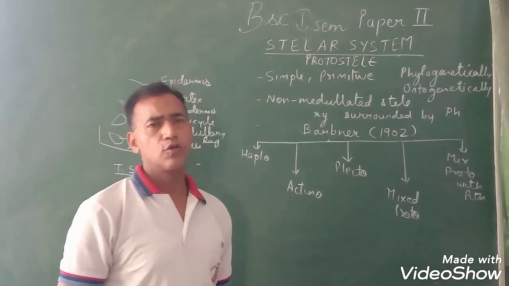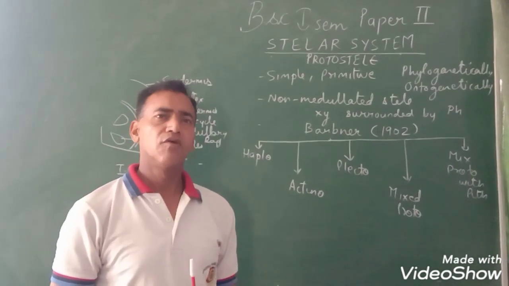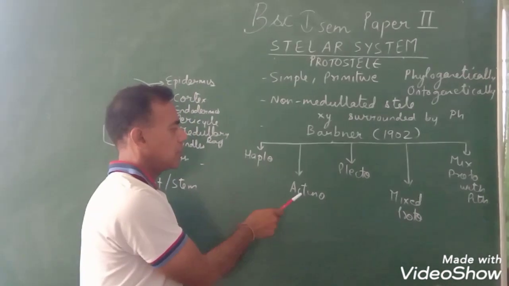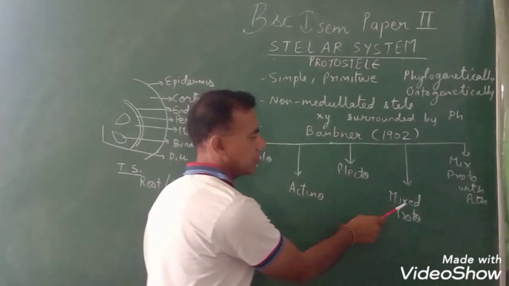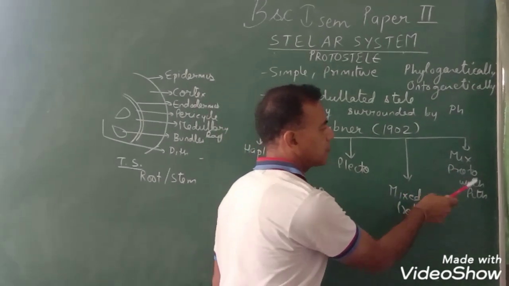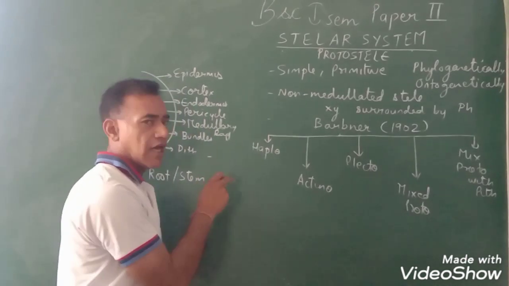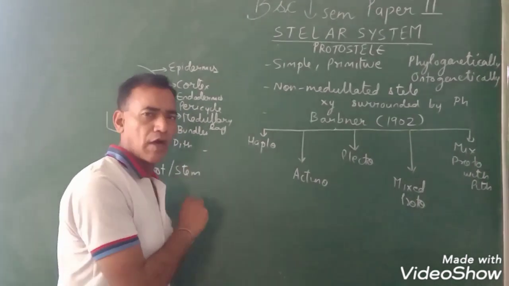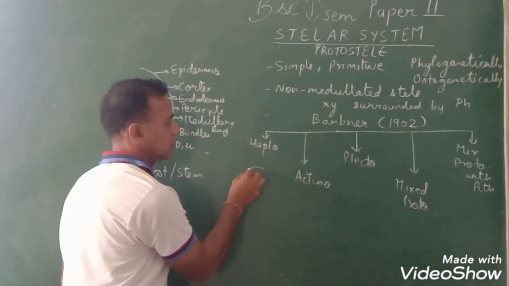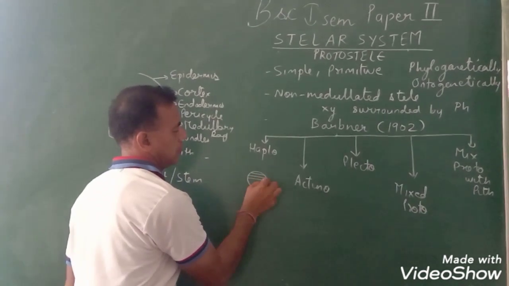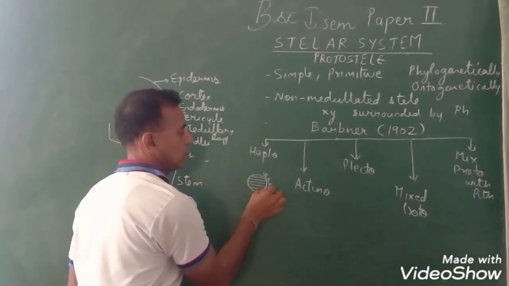Brebner in 1902 found that there were 5 types of protosteles: haplostele, actinostele, plectostele, mixed protostele, and mixed protostele with pith. Now, with the help of a diagram, I will explain haplostele. In this, there is circular xylem surrounded by phloem.